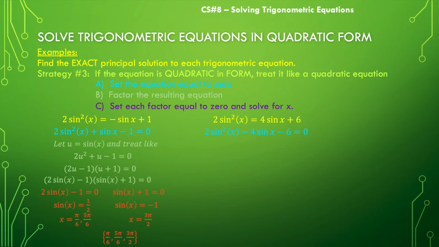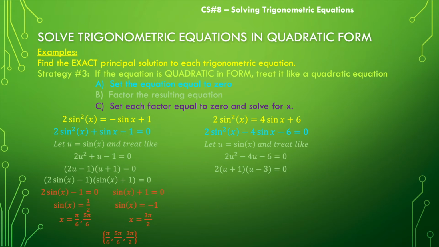We will let our substitution be u is equal to sine of x. And we'll treat this like 2u squared minus 4u minus 6 is equal to 0. Well, right away you can factor out a 2, and then you would have u squared minus 2u minus 3 is equal to 0, which will factor to 2u plus 1, u minus 3 is equal to 0.